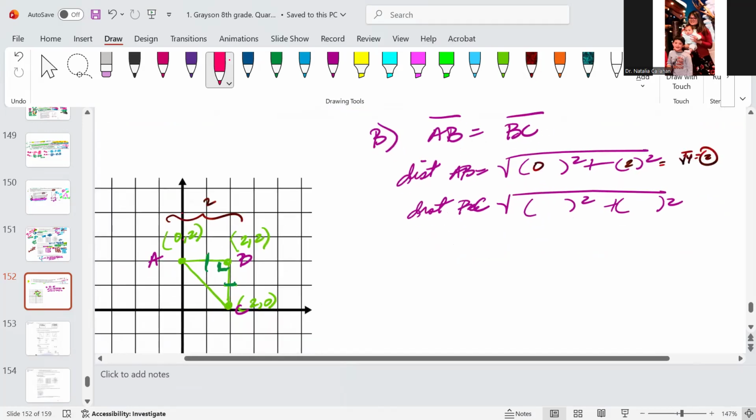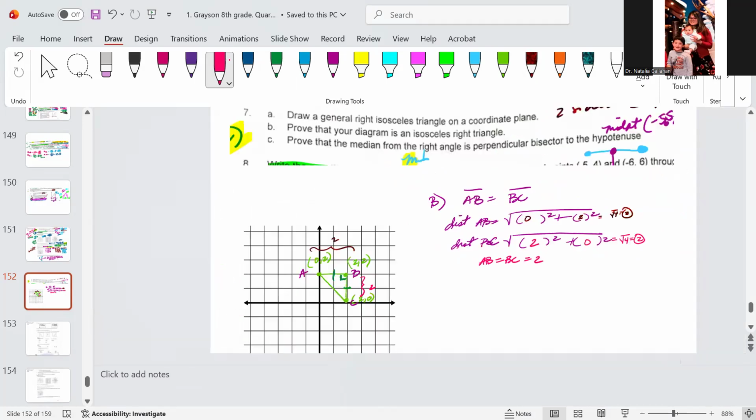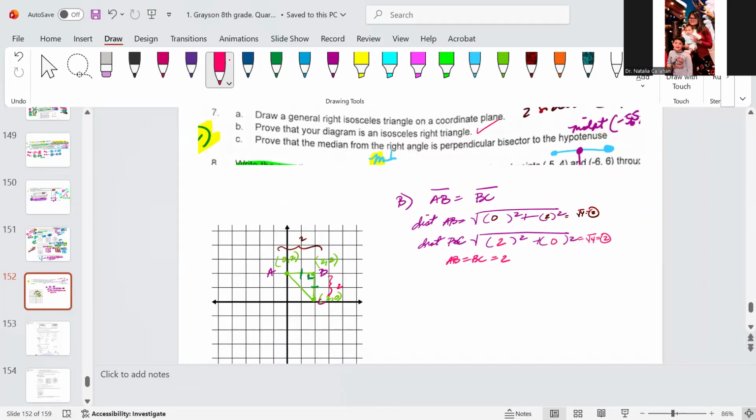BC is over here, correct? 2 minus 0 is 2, correct? 2 minus 2 is 0, right? Square root of 4 is 2, correct? So this part is 2, right? So then I could say AB equals BC, which is 2. Do you agree with that? Yes. Prove that it's an isosceles triangle, correct? Yes.